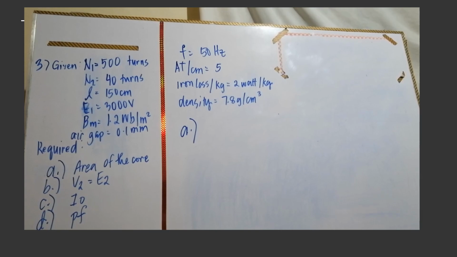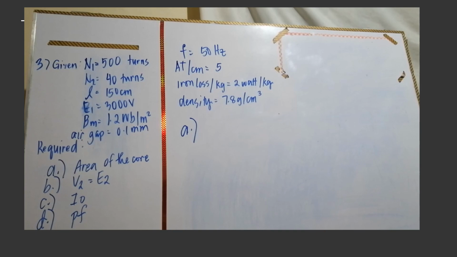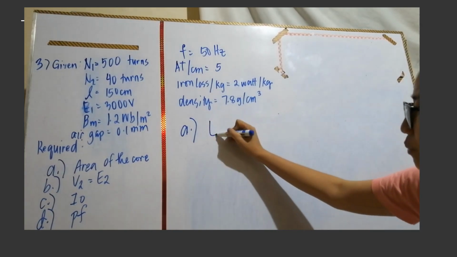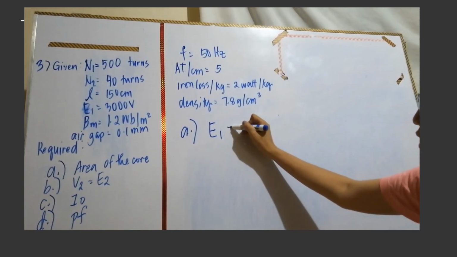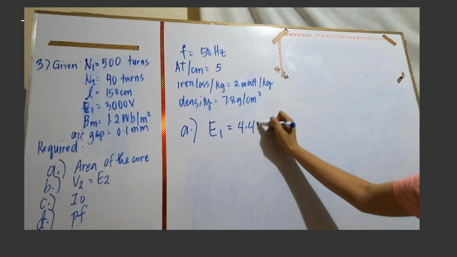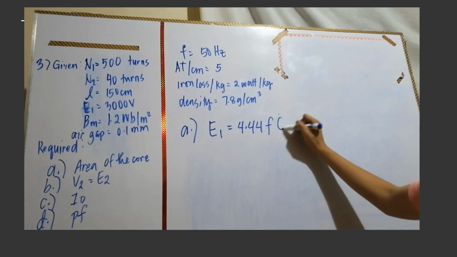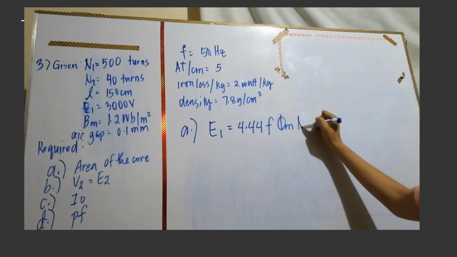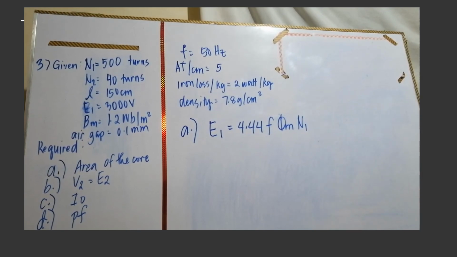So, first, we are required to solve for the area of the core, and we can do that by having this formula. E sub 1 is equal to 4.44 times the frequency times the mutual flux times the number of turns in the primary.